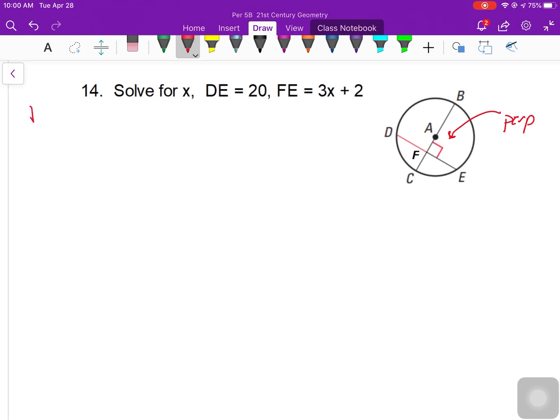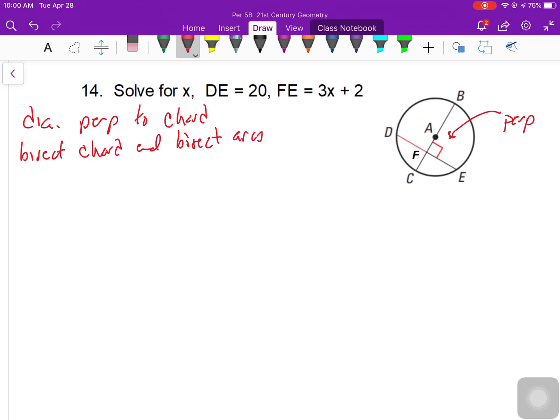So as you can plainly see, once again, we have a diameter perpendicular to a chord. So we know it's going to bisect the chord and bisect the arcs. So that means I know this piece is equal to this piece, and I know these two arcs are also congruent. Well, they actually gave me D to E. D to E is the whole thing, that's 20.